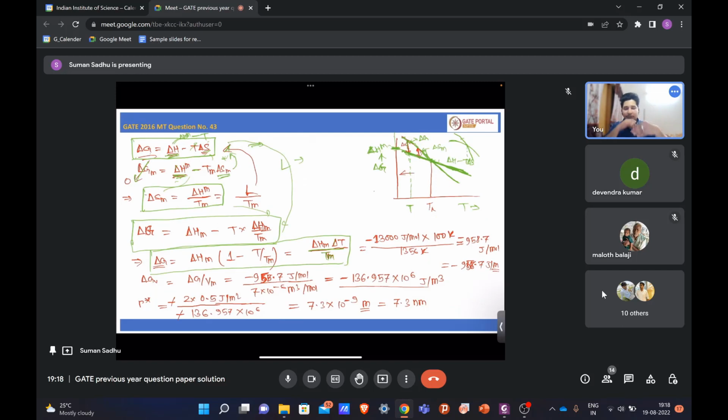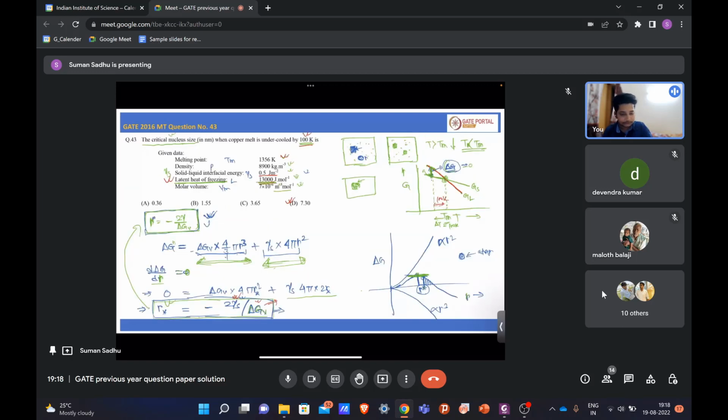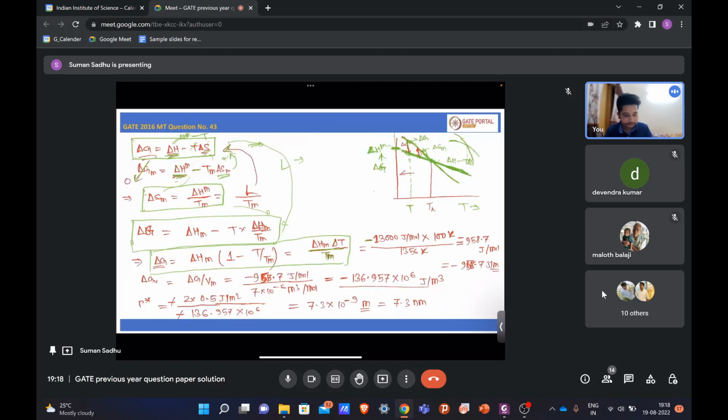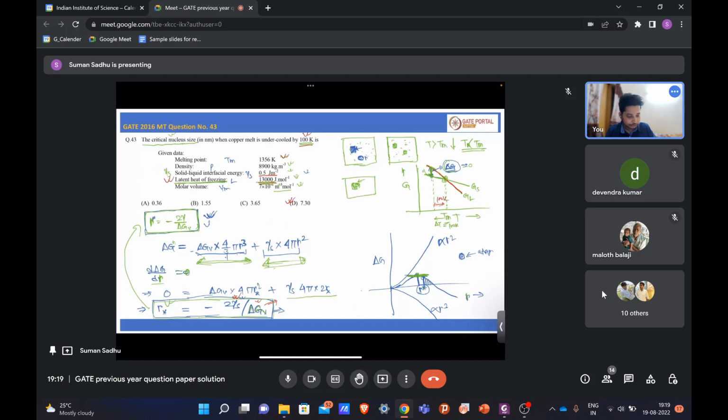Because you are solidifying, it is releasing heat. So you have to put minus 13,000 into delta T, that is the undercooling, 100 Kelvin, divided by Tm. Tm is 1356.